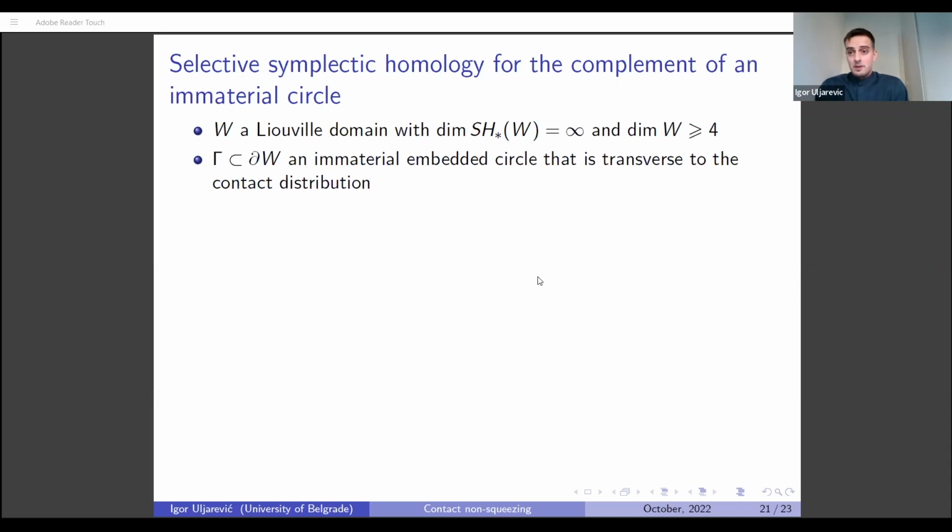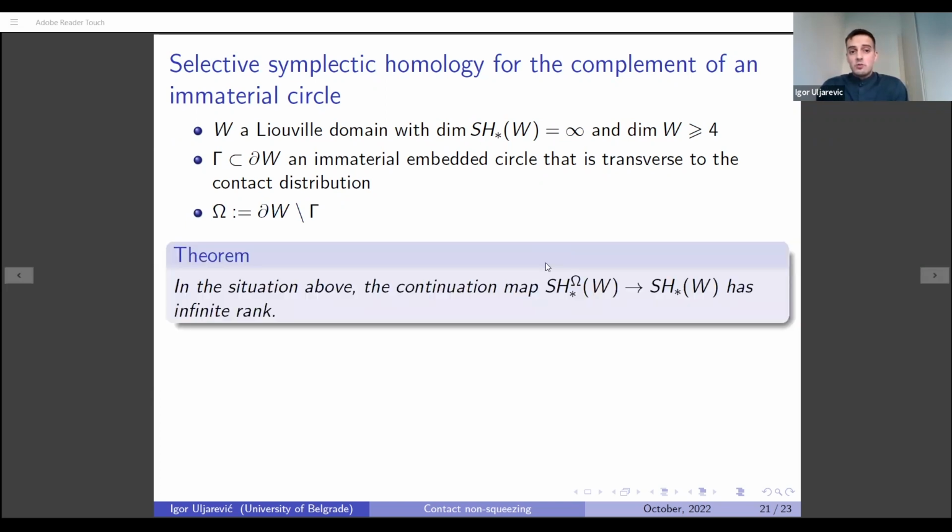If the dimension of W is at least 4, we can always find such a circle in any Darboux chart. So there are plenty of such circles. And let us now take omega to be the complement of gamma. Now in the situation just described, the rank of omega is infinite. So in particular, the rank of the complement of a point is also infinite.